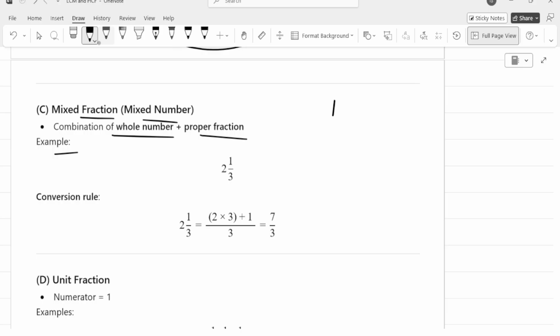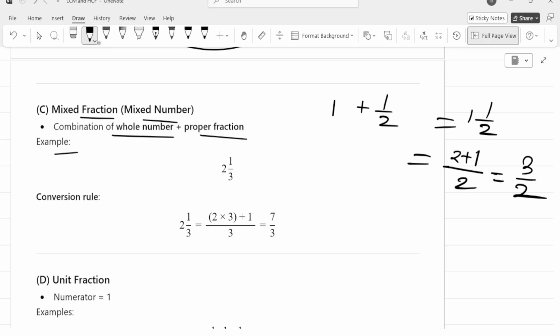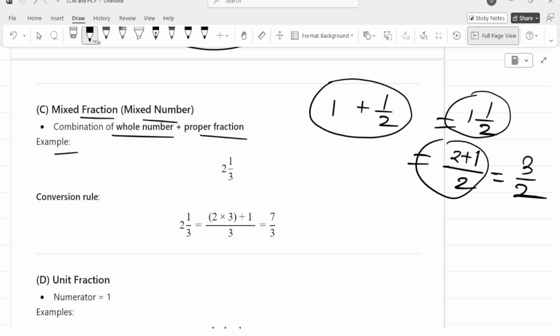For example, 1 plus a half, that we include. How to convert: 2 ones are 2, plus 1 upon 2, we can write it as 3 upon 2. The value is the same.